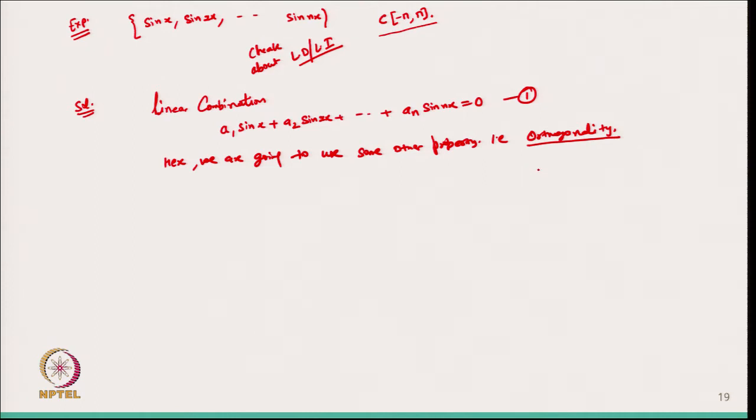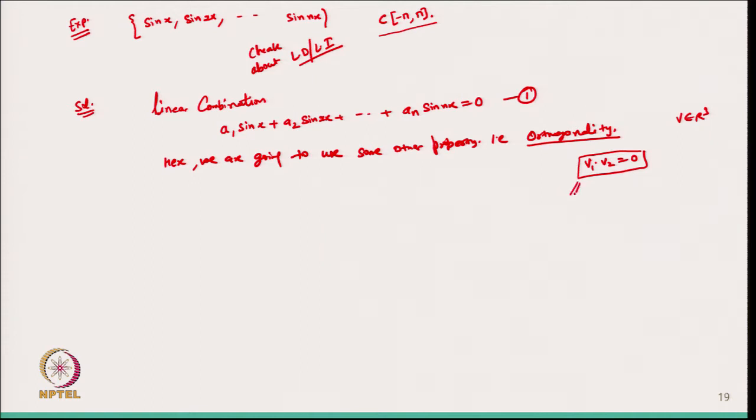We know that two vectors are orthogonal when their inner product is zero. Suppose I have vectors v1 and v2; if v1 dot v2 is 0, then we say these two vectors are orthogonal to each other. But here we do not have vectors of this form, like v belonging to R3 or R4, the Euclidean space.